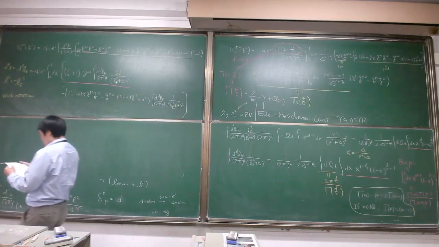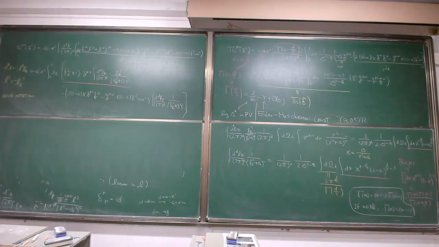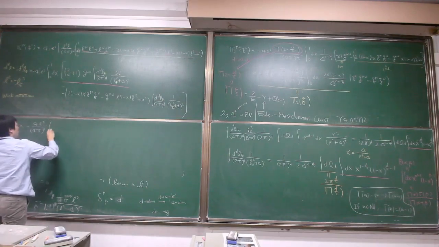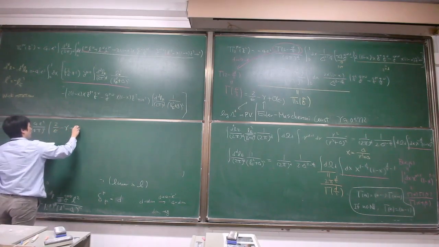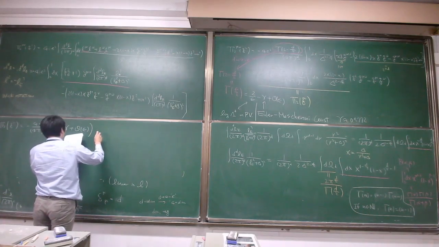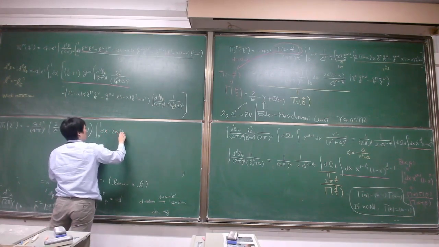Okay, so now we apply the same thing to pi 2 of q squared, which is equal to minus 4e squared. It's just our gamma function, and this gamma will give you this divergence, and then integral from 0 to 1 dx x(1 minus x).